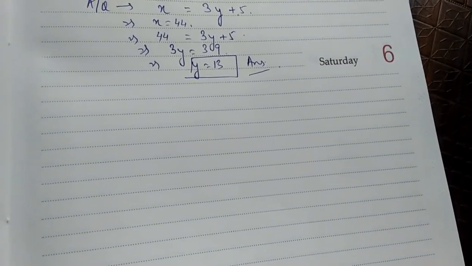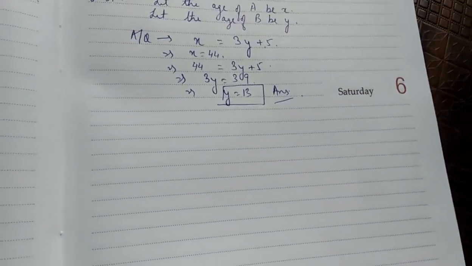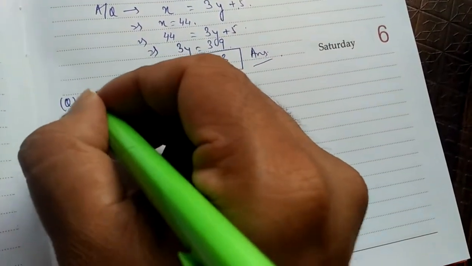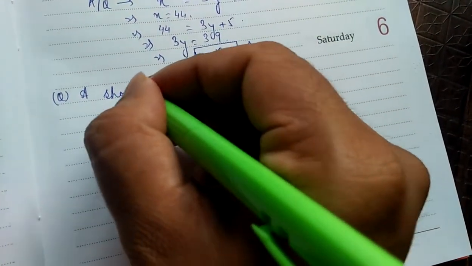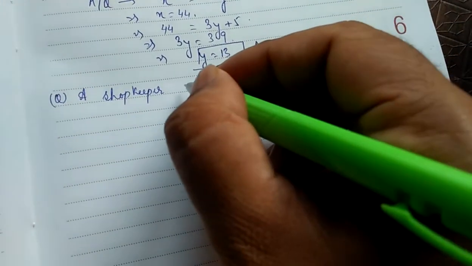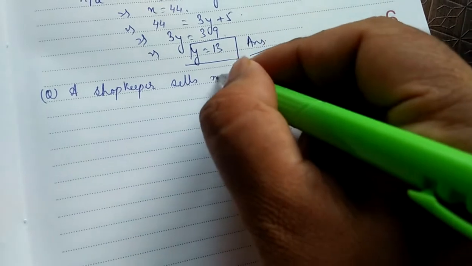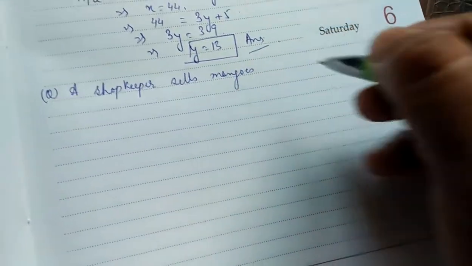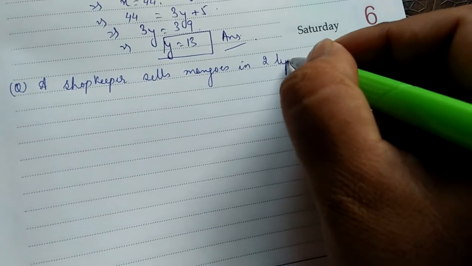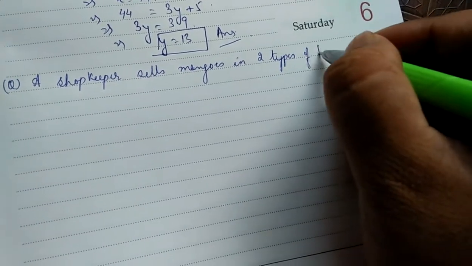Understand another question. A shopkeeper sells mangoes in 2 types of boxes.